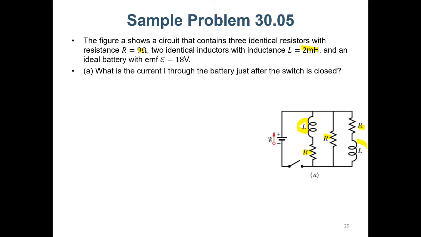This is L, this is L. And E equals 18 volt. What is the current I through the battery just after the switch is closed?